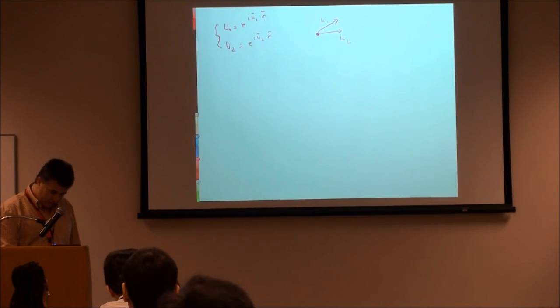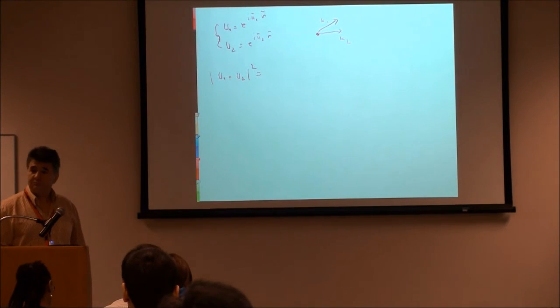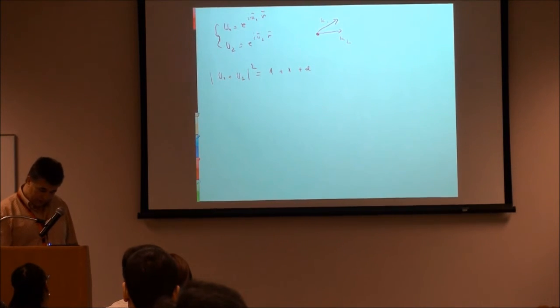Okay? So I have u1 plus u2, right? And now what happens if I take the modulus square? Let's say I'm looking at the intensities. I get modulus of this, which is 1, plus modulus of this, 1, plus 2 times this times this conjugate, plus this times this conjugate. Okay?